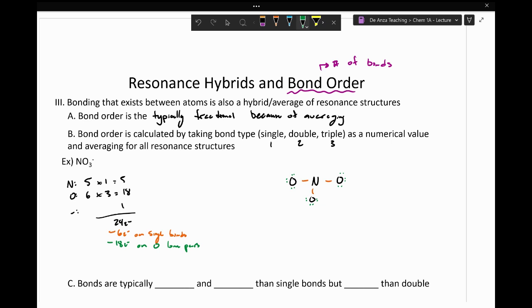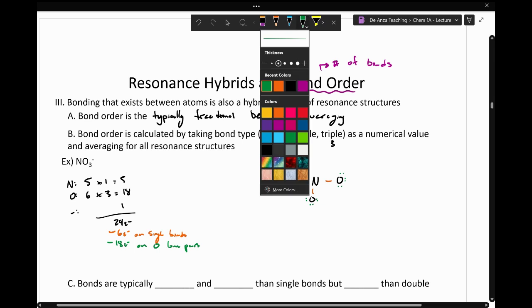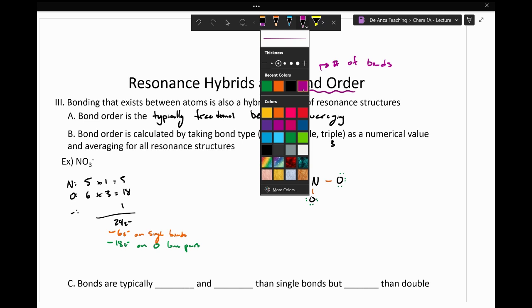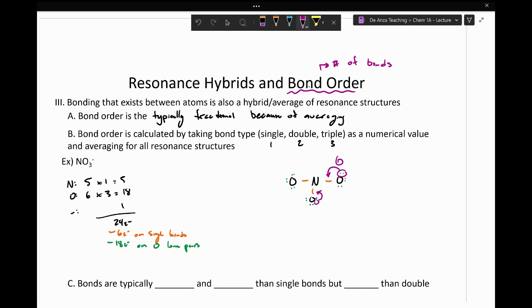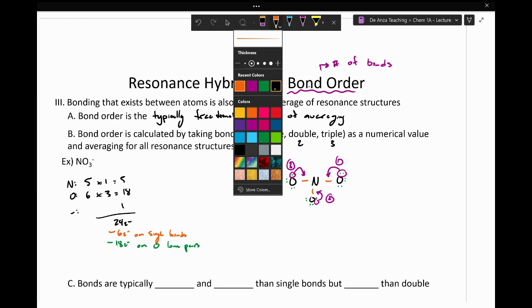And so we have 3 different ways to give that nitrogen 8 total electrons. It can get electrons by forming a double bond with this oxygen. We'll call that number 1. It can get electrons from this oxygen, we'll call that number 2. Or from a double bond with this oxygen, we'll call that number 3. And so we can draw up each of those different structures, and we'll use that double-headed arrow to denote each of their equivalent forms.